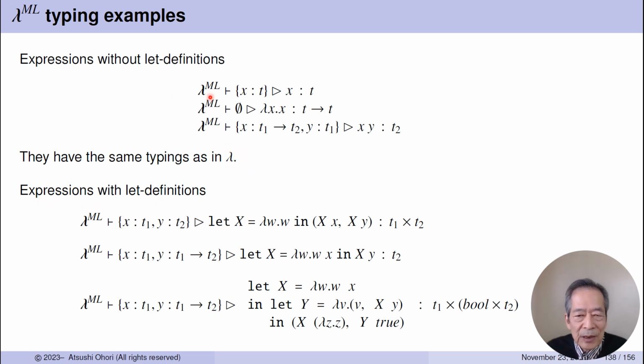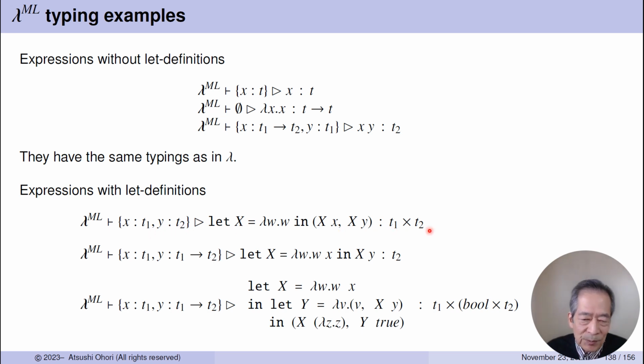And also this lambda ML expression with a let definition can also be typed. For example, this one, a closed identity function applied to x and y. x and y are inferred as t1 and t2, obviously.